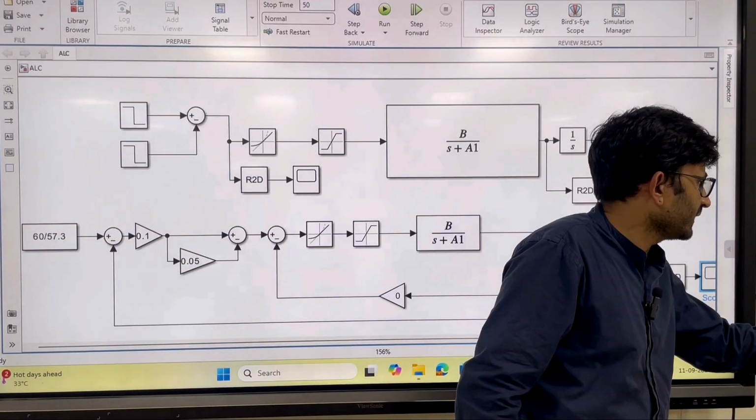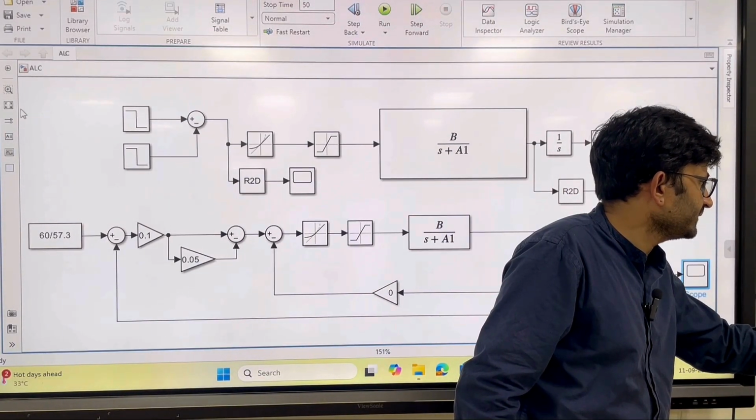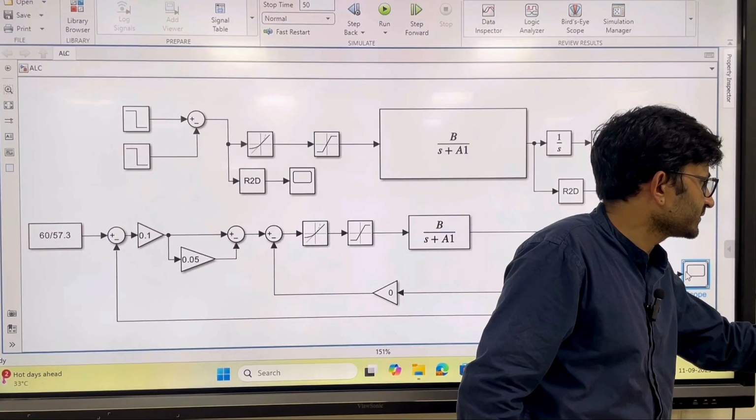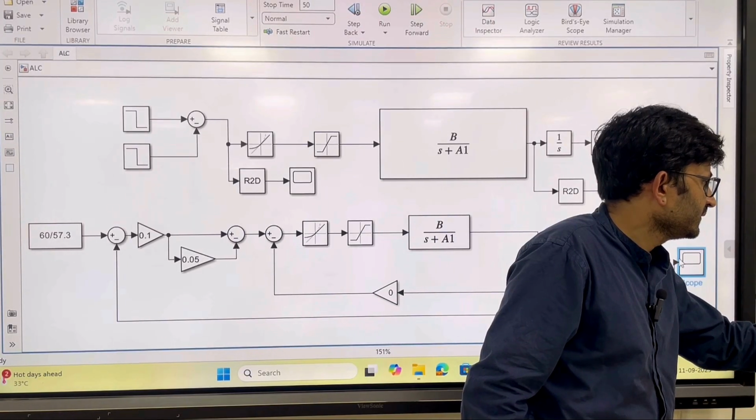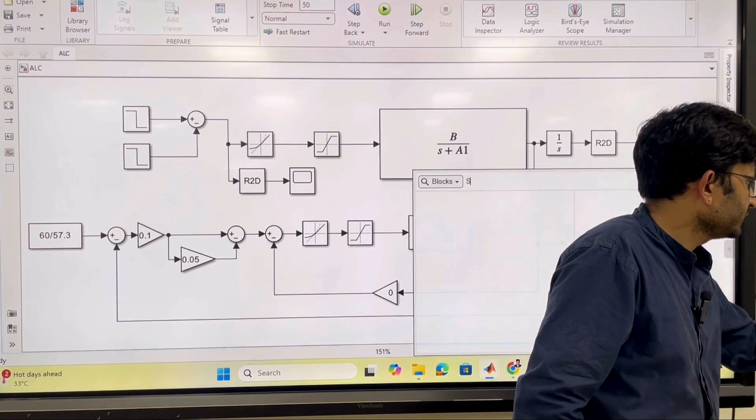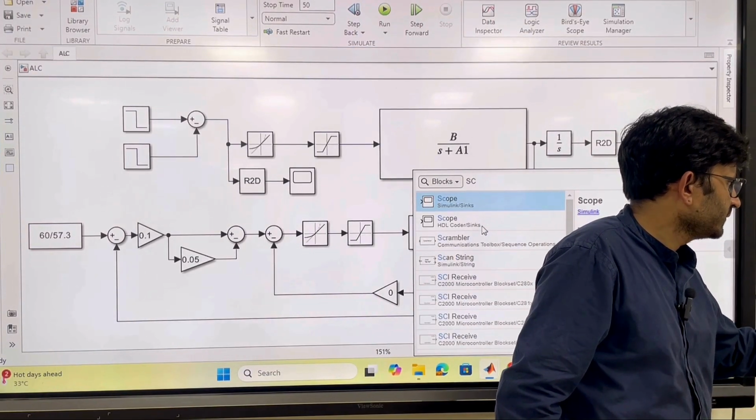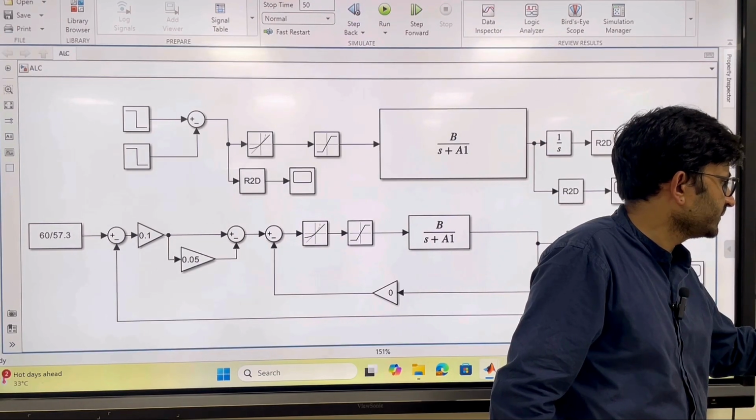Okay, you don't have any doubt in the block diagram, right? You can check the rate also if you want. Just type scope here. Rate should be 0, right?